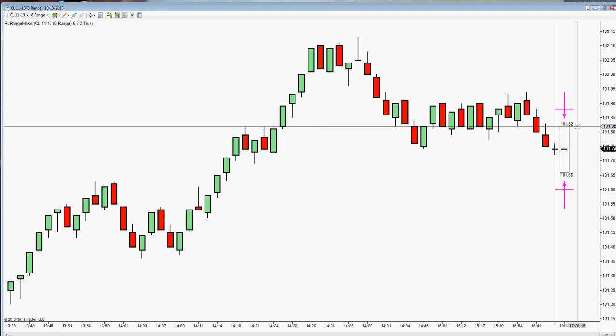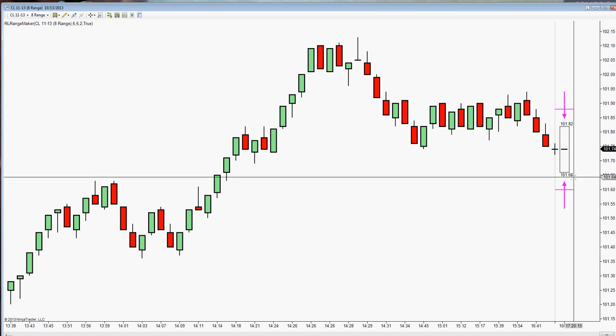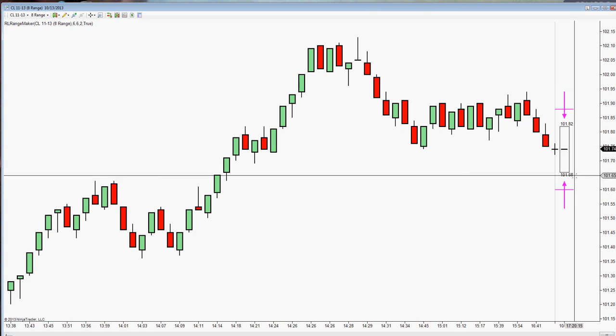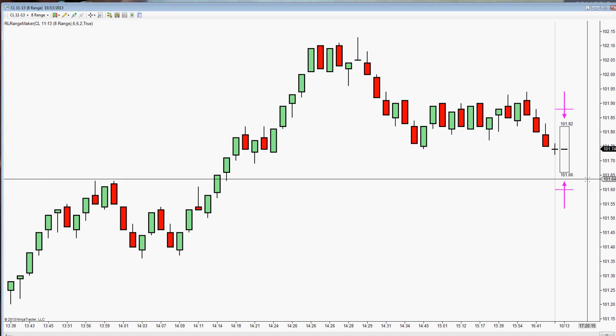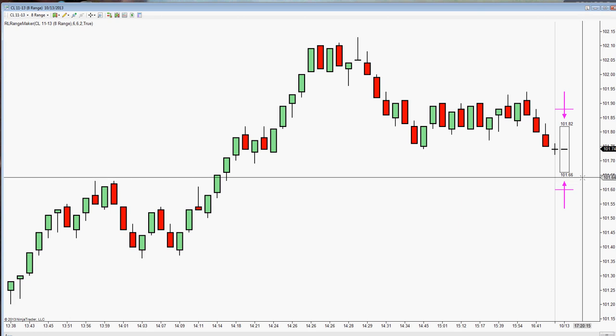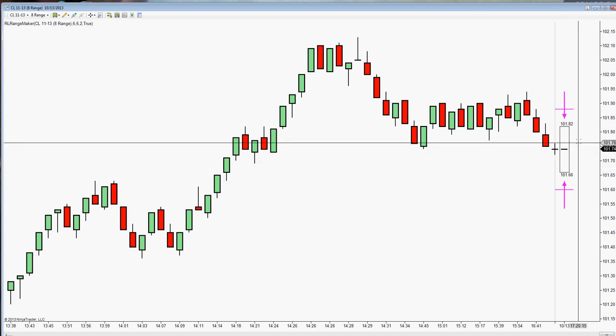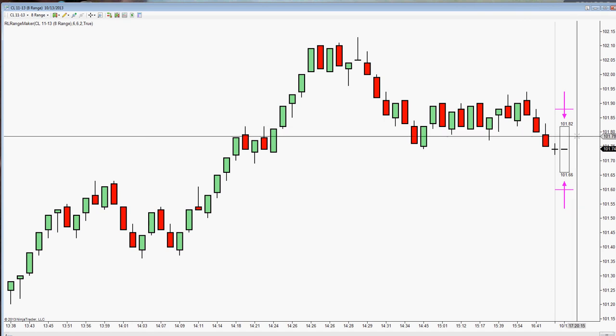We would be in at 101.83. If the trade strategy and trade setup told us that this was a trade that we wanted to go short, the candle is estimated to close at 101.66. We would be in 1 tick below at 101.65.